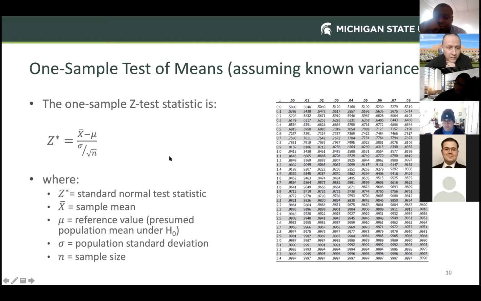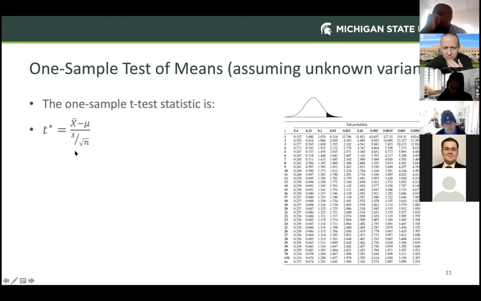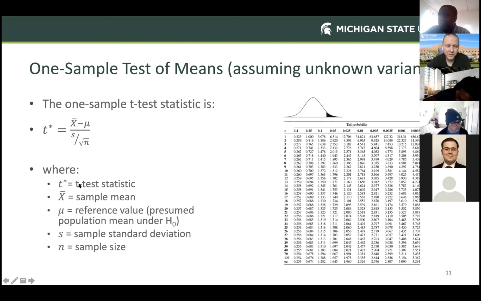Okay. And unfortunately, we typically don't actually know what sigma is in practice, and so we would estimate sigma using S. And so an alternative to the one sample z-test is the one sample t-test, where all of these variables are as presented previously, except now we're using that sample standard deviation.